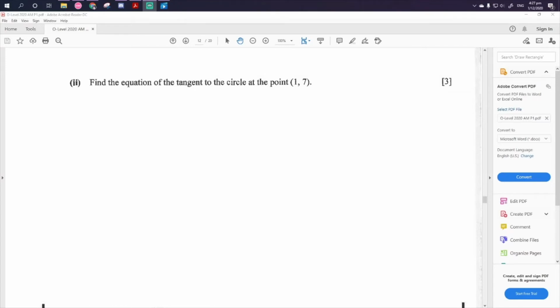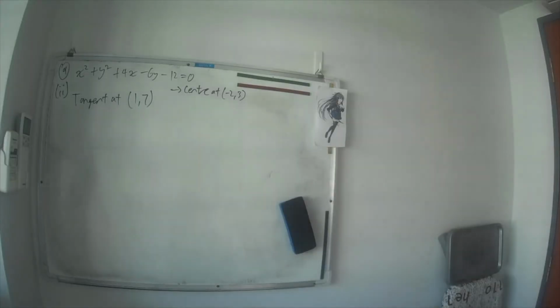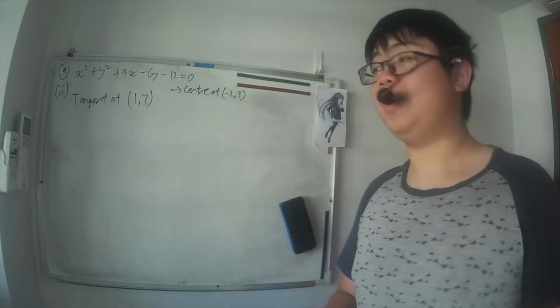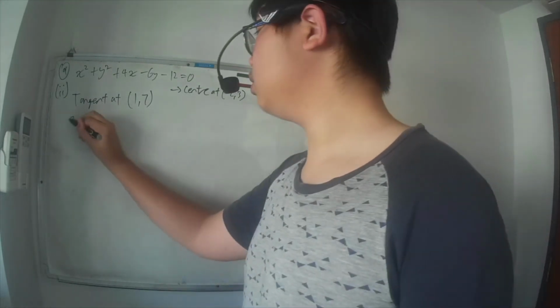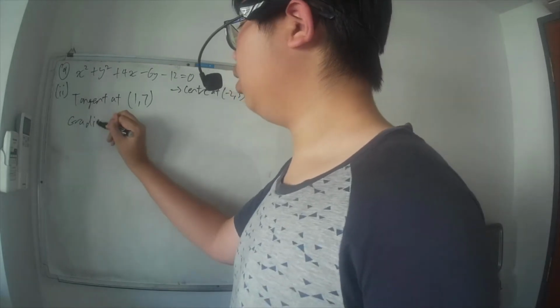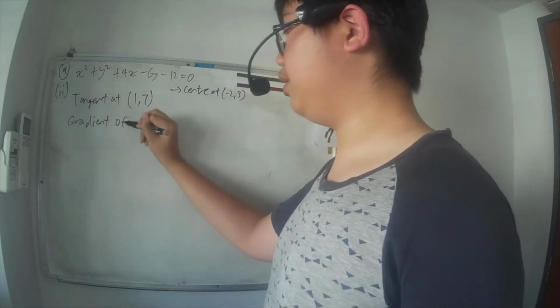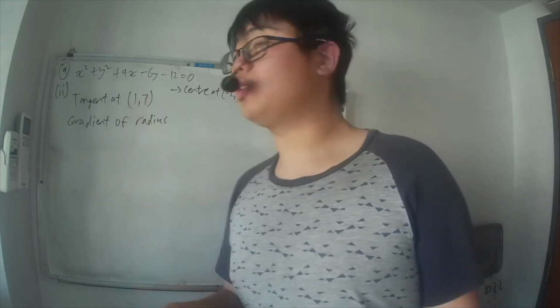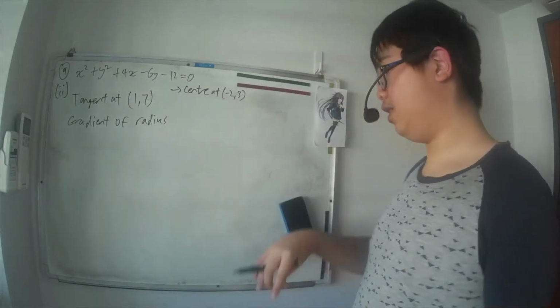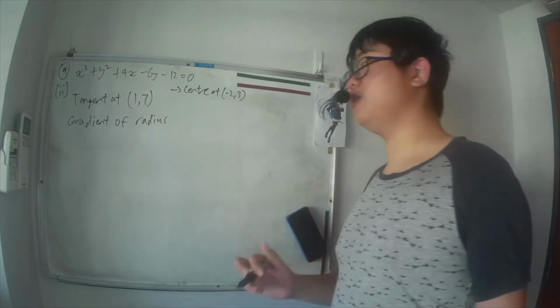Part 2. Find the equation of the tangent to the circle at the point 1 and 7. For this problem, we need to keep in mind that the center from the first part is -2 and 3. So we will find the gradient of the radius, because if I have a point on the circle and the center, then the line forming those is the radius.